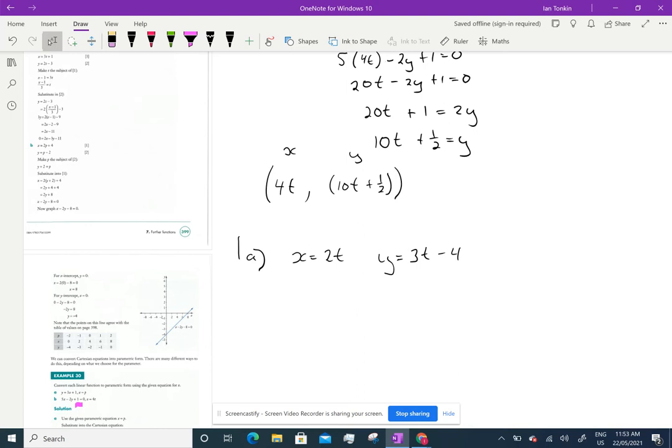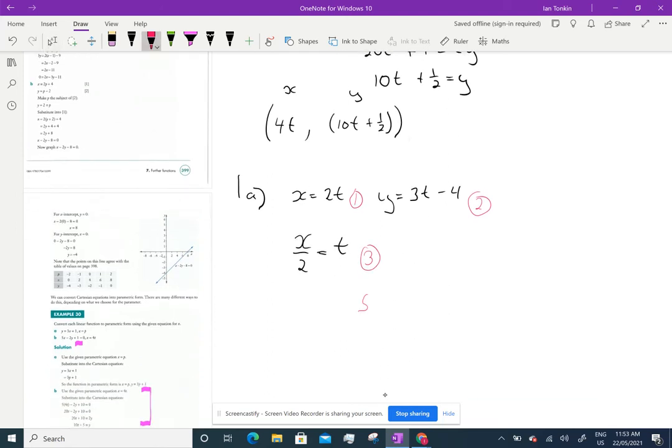So again, I have to write t as the subject of the equation. So I'm going to call this equation number 1, I'm going to call this equation number 2, and I'm going to rearrange equation number 1. I'm just going to go, x on 2, well, that equals t. Call that equation number 3, and I'm just going to sub 3 into 2.